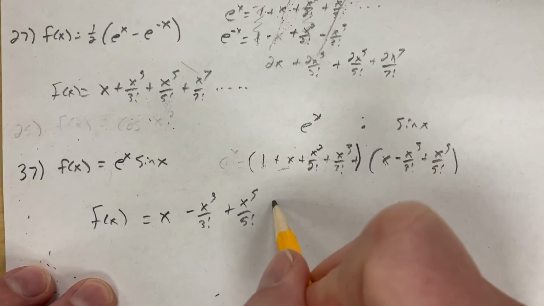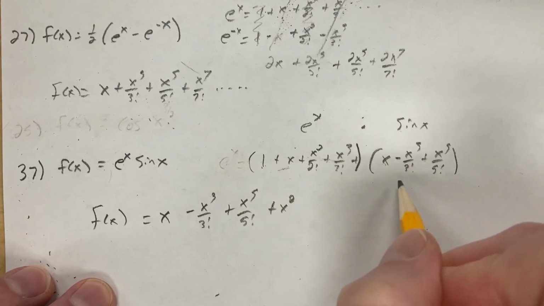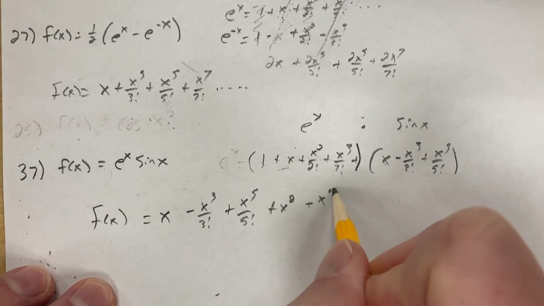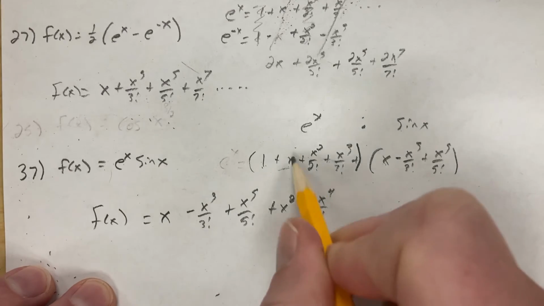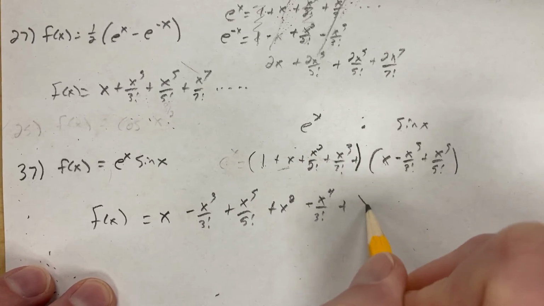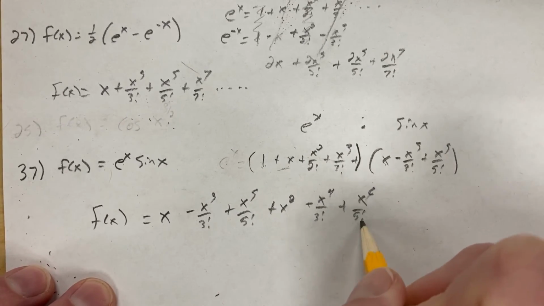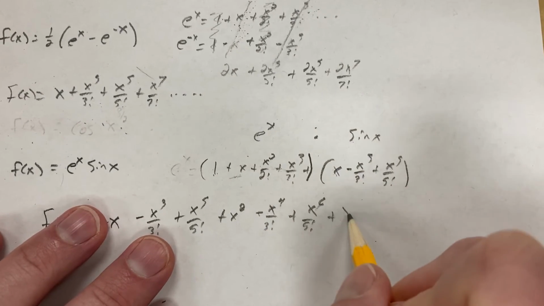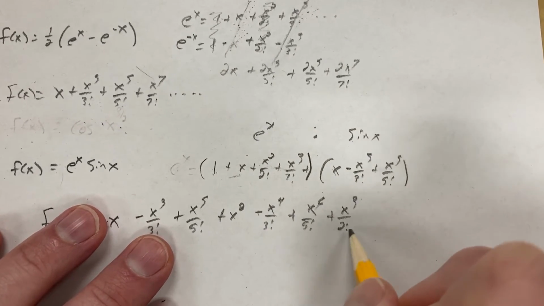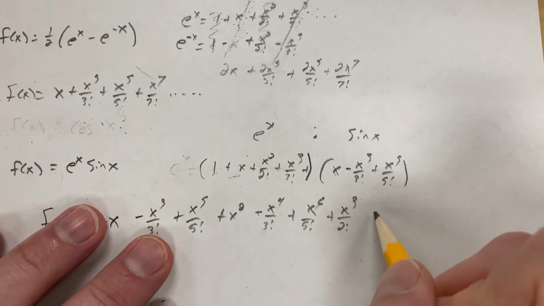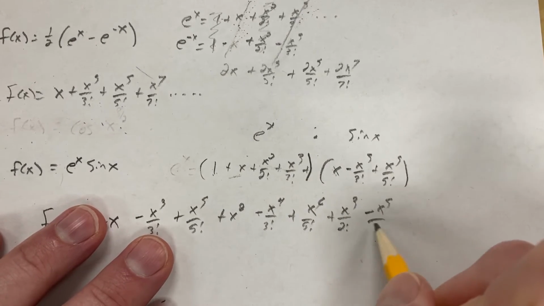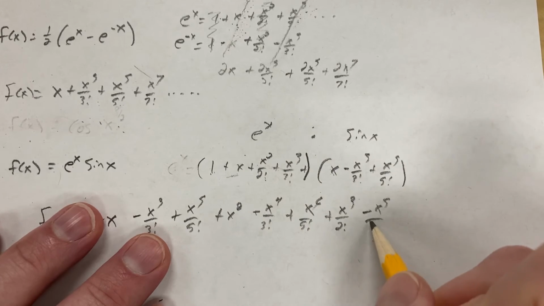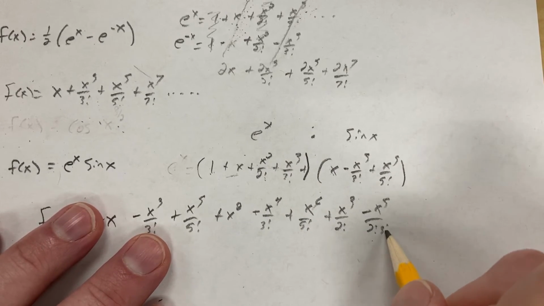X times x will be x squared, and then minus x to the 4 over 3 factorial, plus x to the 6 over 5 factorial. Okay, then we go here. X squared times that would be x to the 3rd over 2 factorial, minus x to the 5th over 2 factorial, 3 factorial. We'll just write it like that for now.